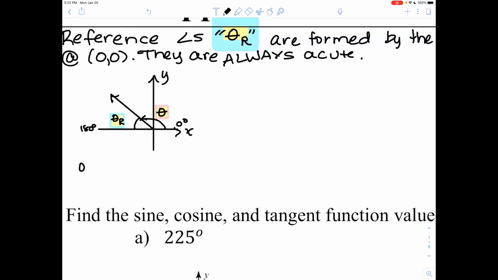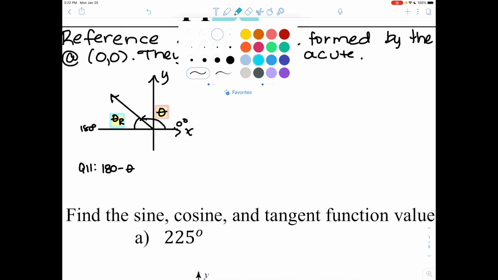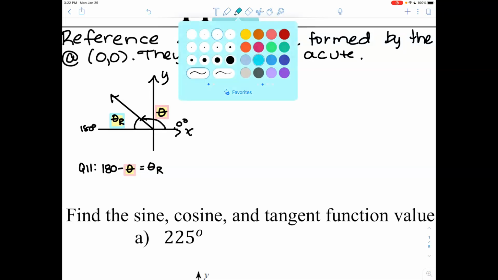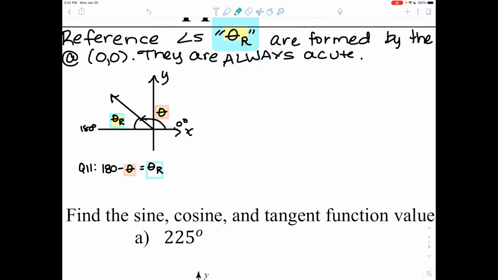So in quadrant 2, if you take 180 degrees minus angle theta, you will get theta reference. And you know, a little bit of common sense goes a long way. A lot of times when you're doing these, if you'll just draw the angle on the terminal side and then just look at the distance from the terminal side to the x-axis, that's going to be a reference angle.